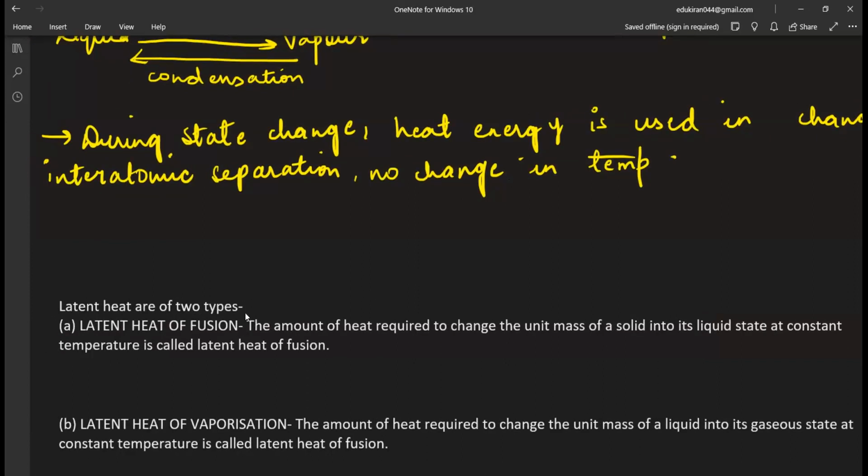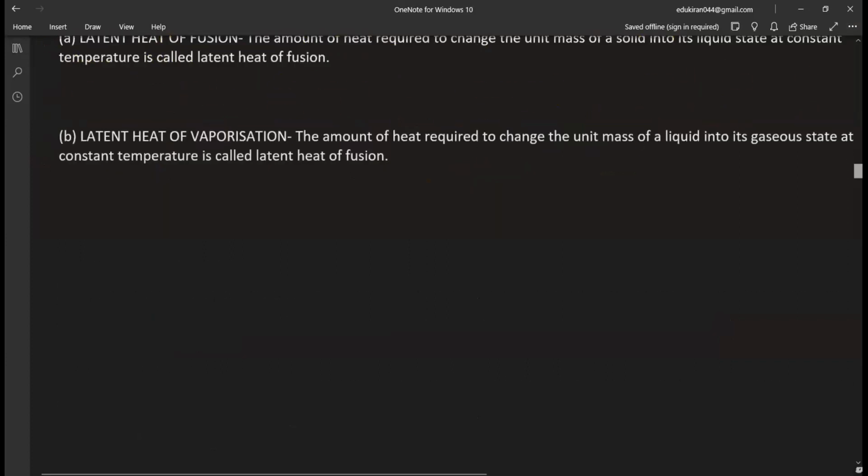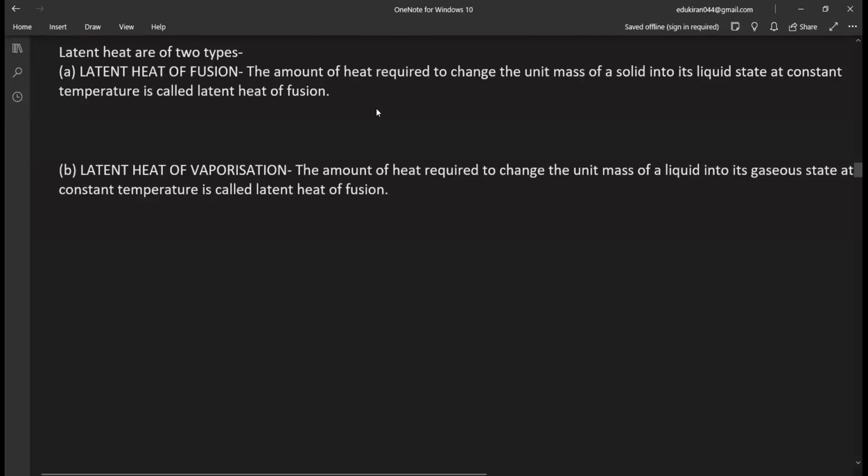Latent heat is also of different types. You have latent heat of fusion and latent heat of vaporization. Nothing else changes; in the formula it will be the same, L only. Here also, ML. Fusion means from solid into liquid, so we use the term latent heat of fusion.